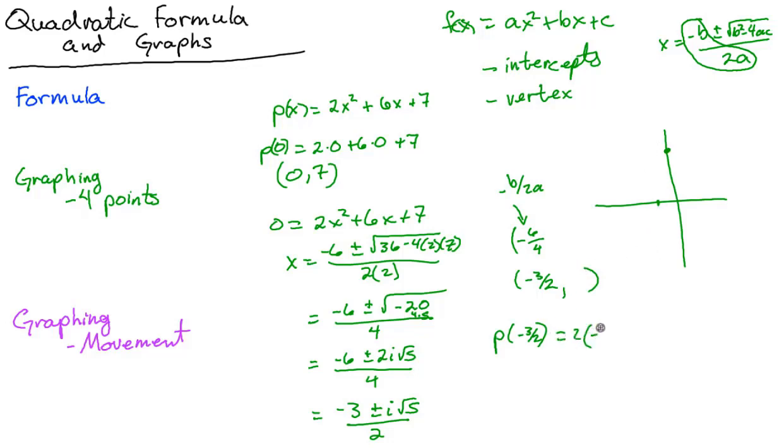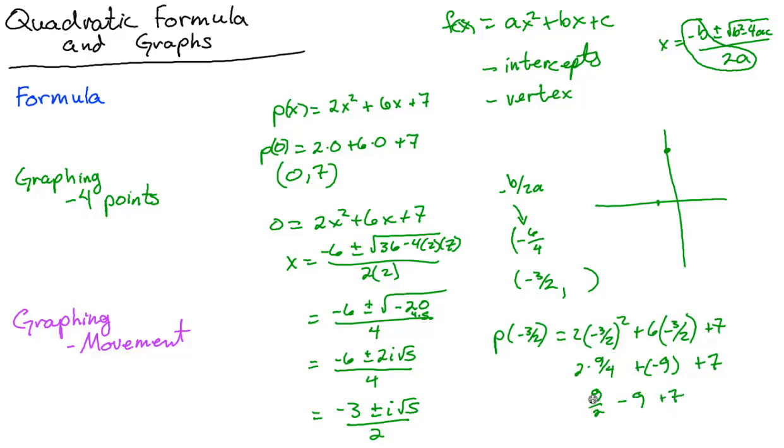2 times negative 3 over 2 squared plus 6 times negative 3 over 2 plus 7. Let's see where we are. This is 2 times 9 over 4 plus, that looks like a negative 9, plus 7. Okay, that's 9 over 2 minus 9 plus 7.